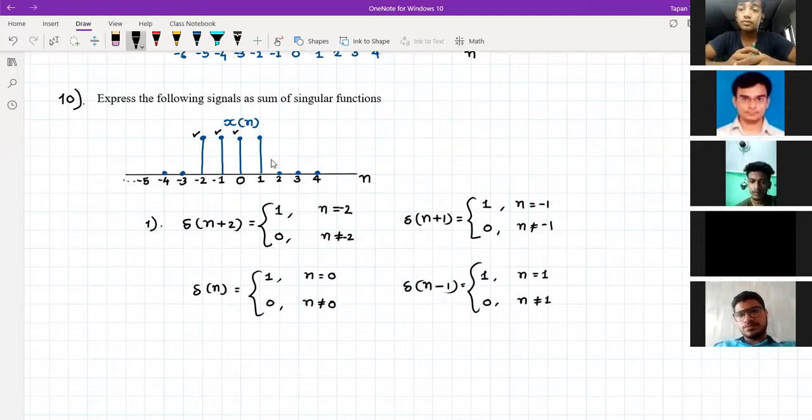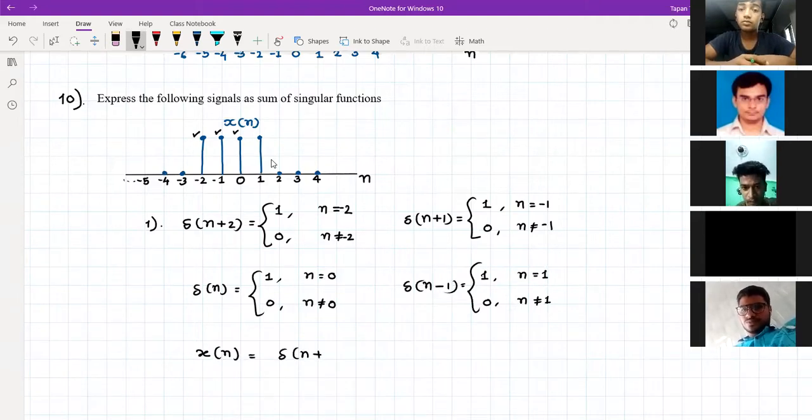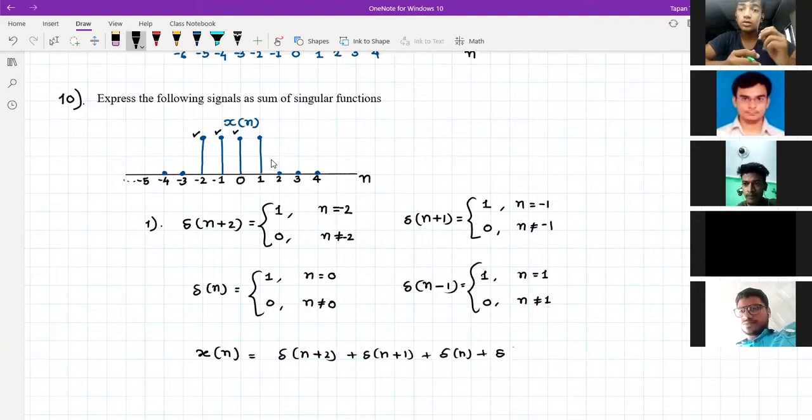So we have taken individual functions, delta of n plus 2, n plus 1, n, n minus 1. So then I can write that x of n is equal to delta of n plus 2 plus delta of n plus 1 plus delta of n plus delta of n minus 1.